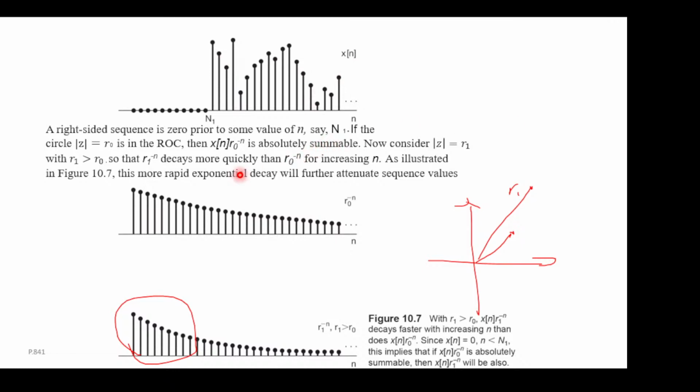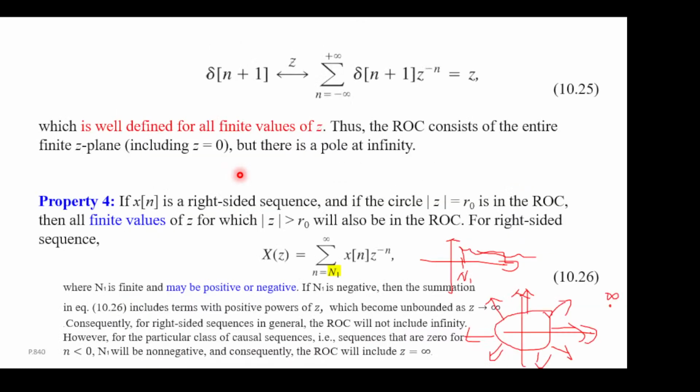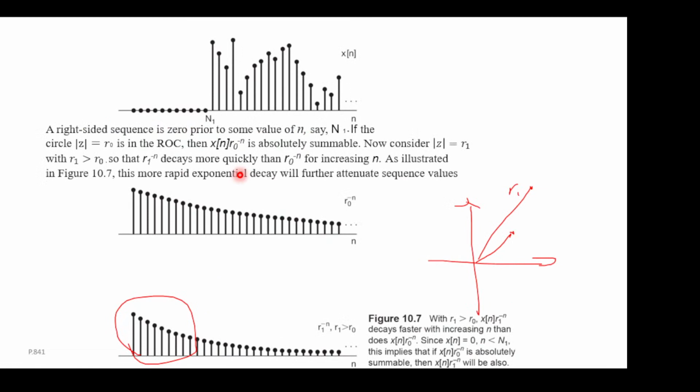Remember the first property: something is in the ROC if x[n] times r to the minus n is absolutely summable. So you have some r0 where this thing is decaying with some rate and is absolutely summable.